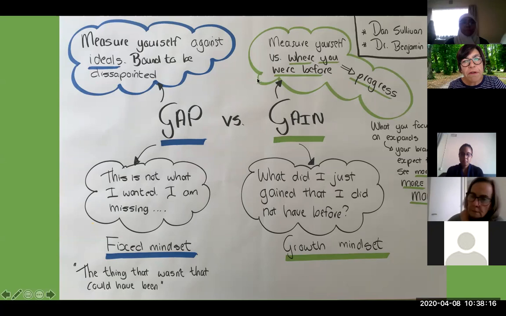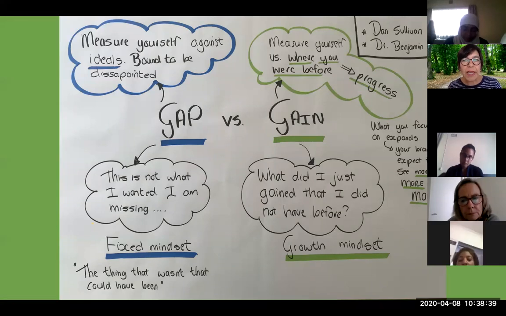Whereas if we focus on, okay, so this is where I was yesterday, this is where I am today, then I've made progress. So you can see how that then links back to the base drive of happiness, of making progress. So if I can shift my mindset to say, I've made progress from where I was before to where I am now, what is it that I'm going to be doing next?